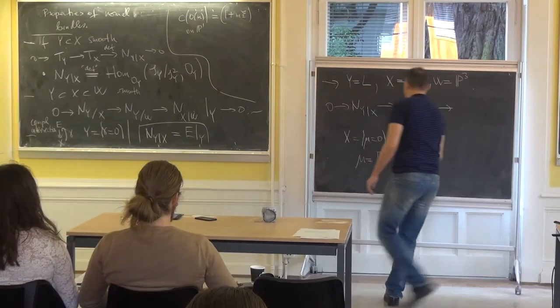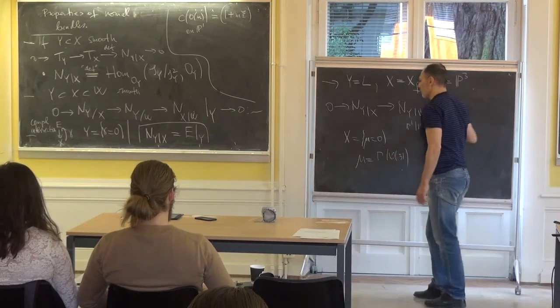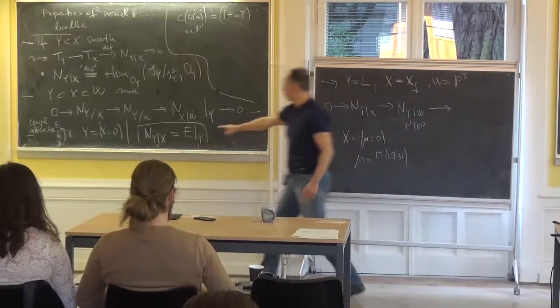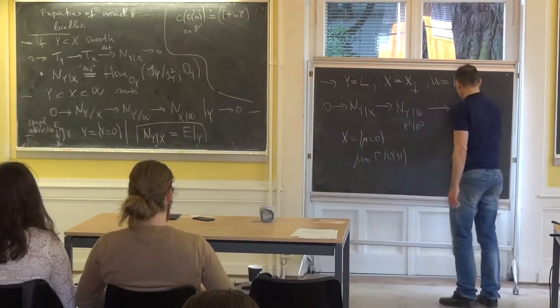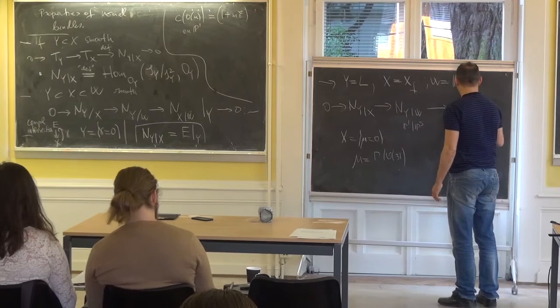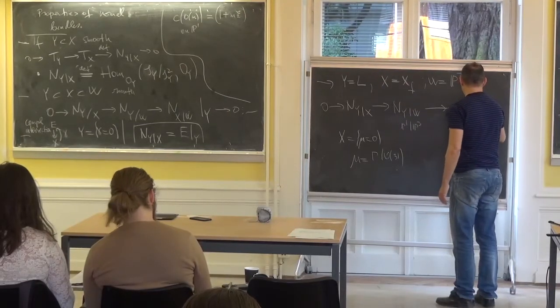That's what it means to be a cubic surface. So for that reason, N is equal to just O3 restricted to Y, which is just O3 restricted to L, on P1.